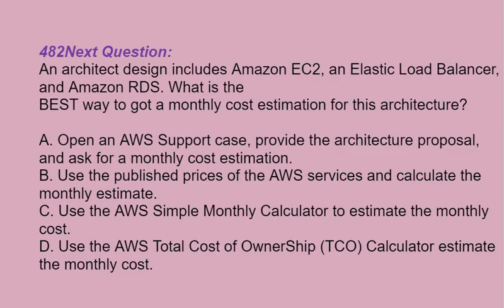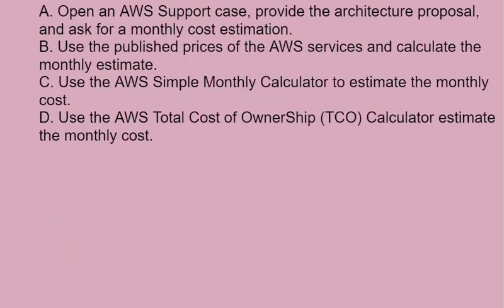Option B, use the published prices of the AWS services and calculate the monthly estimate. Option C, use the AWS simple monthly calculator to estimate the monthly cost. Option D, use the AWS total cost of ownership TCO calculator to estimate the monthly cost. Correct answer is option C.